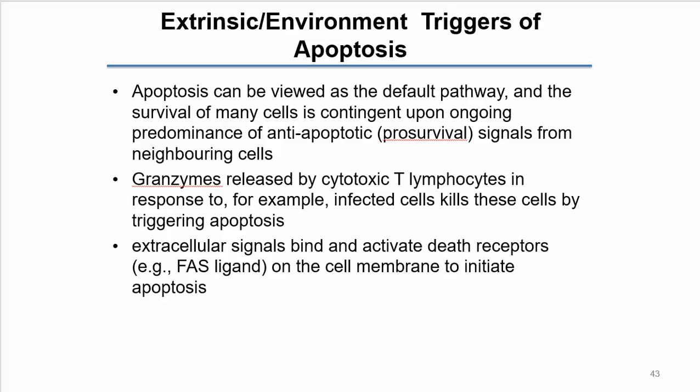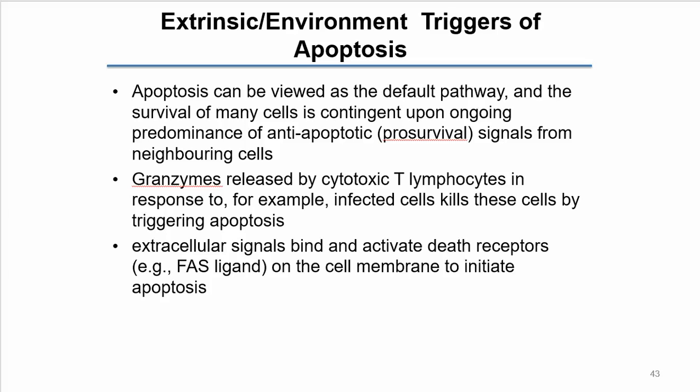Really, apoptosis is the default pathway. Cells are going to undergo apoptosis, or else we would be just huge. The cells have to be removed. The thing that prevents it is the anti-apoptotic signals.